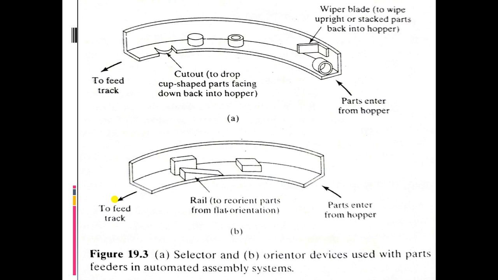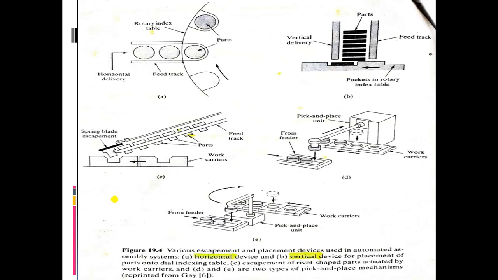A few examples we'll see here. This is a rotary index table where the parts are taken, and there will be a horizontal delivery of those parts. This is a feed track, and when the parts come exactly in front of that delivery station, it will move like this.